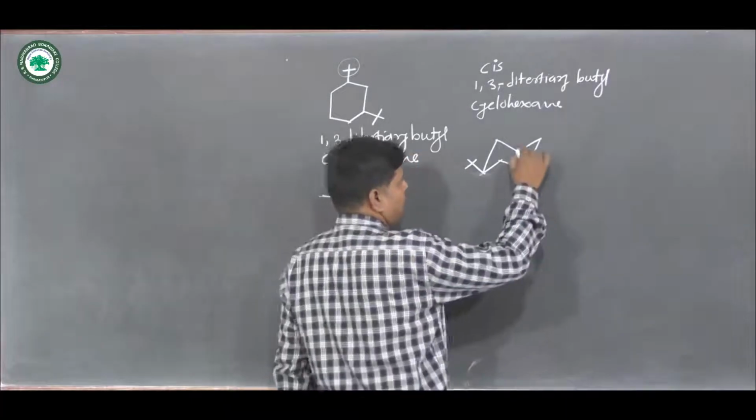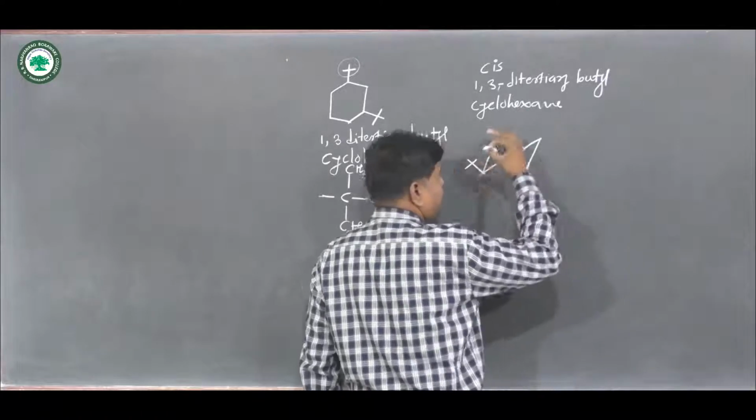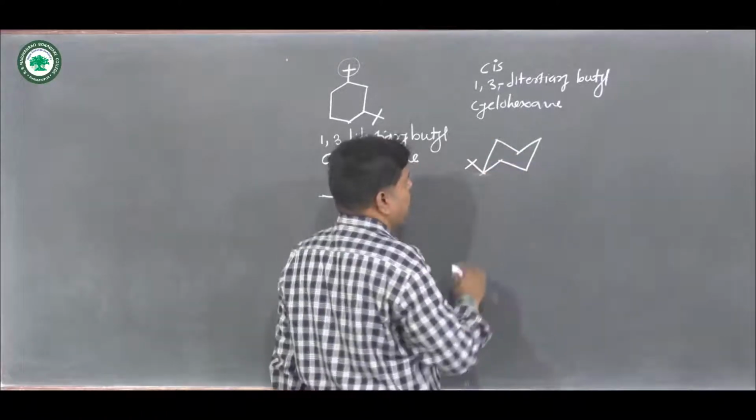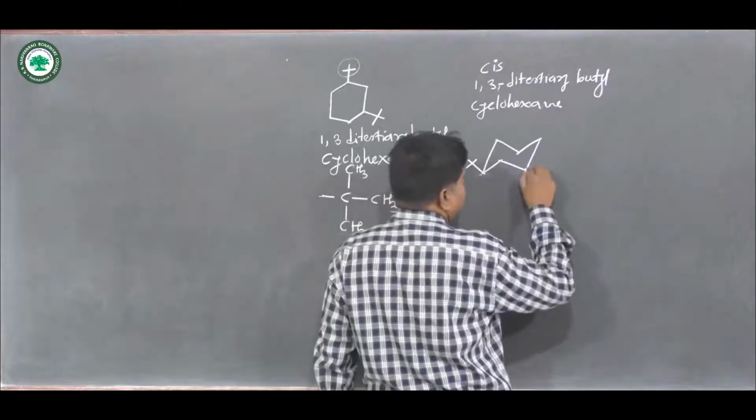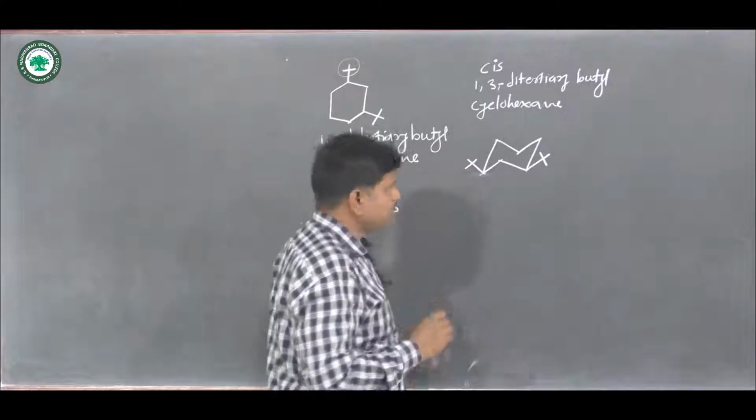So we also write this group at this position, which is one of the equatorial positions, and this is the cis isomer. This is also an equatorial position, which is also a cis isomer.